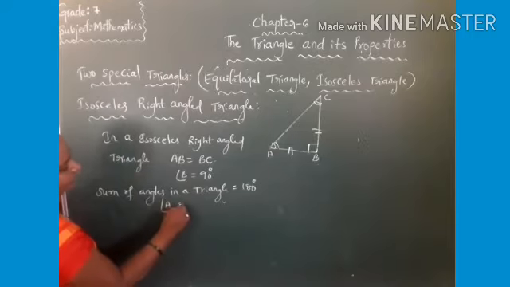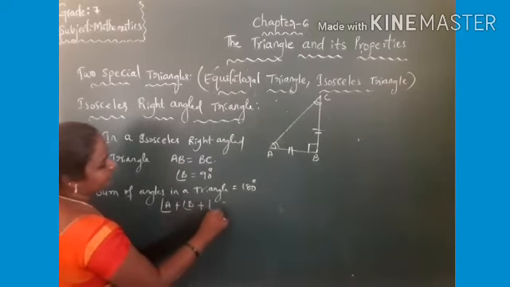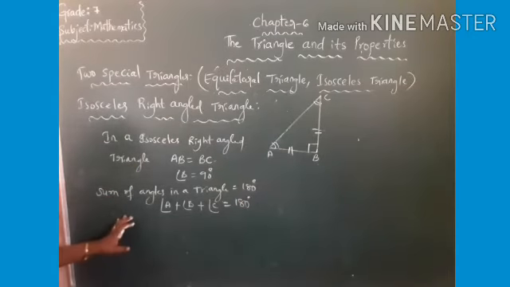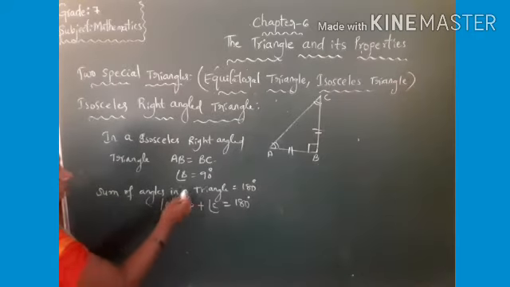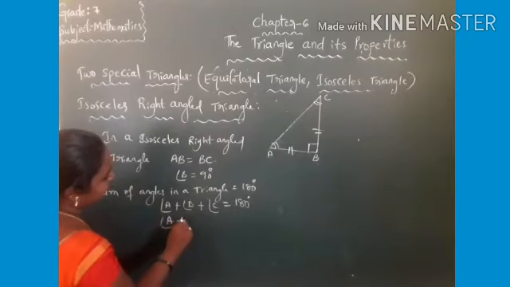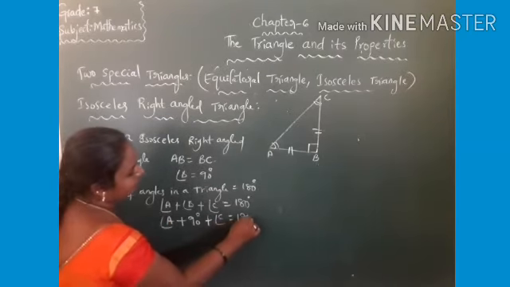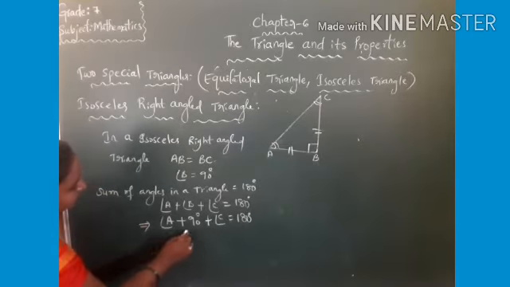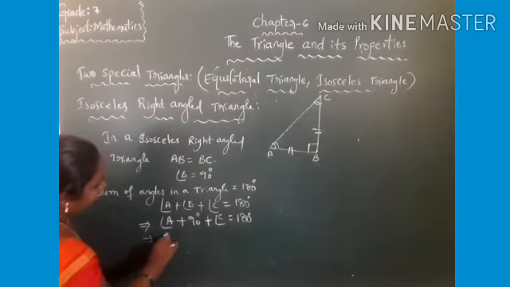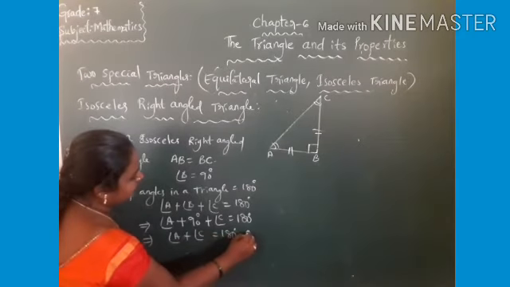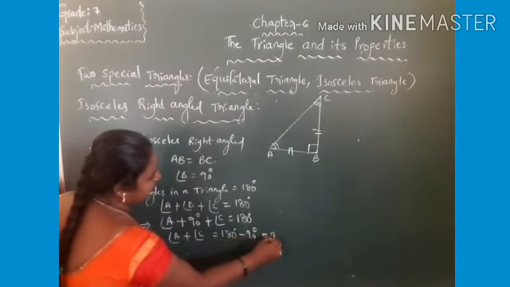So here angle A plus angle B plus angle C is equal to 180 degrees. Angle B is 90 degrees.